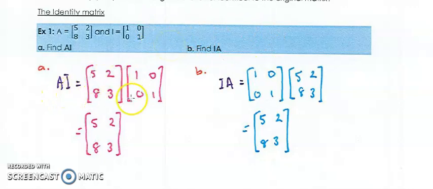When you apply the matrix multiplication, and you can double check this on your calculator, you'll end up with the same matrix that you started with. And if you did it the other way around, swapping the A and I, again you'll end up with the same matrix, 5, 2, 8, 3.